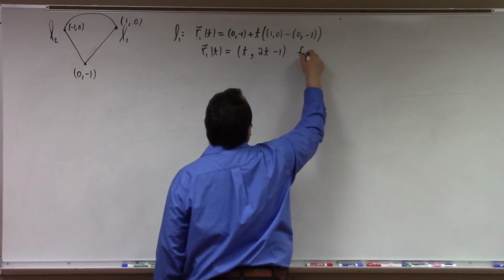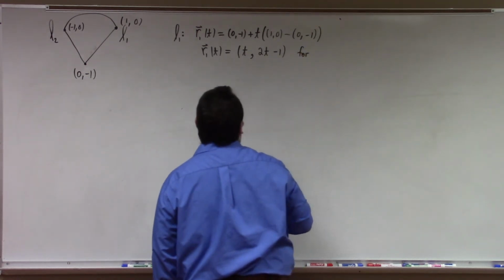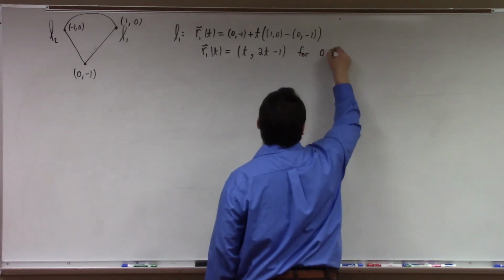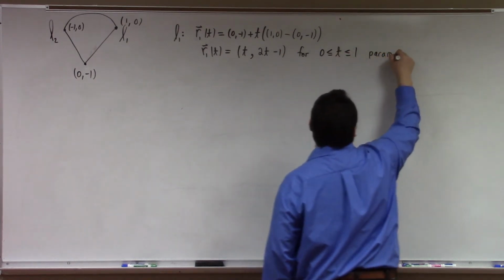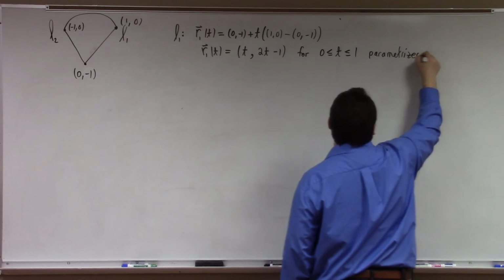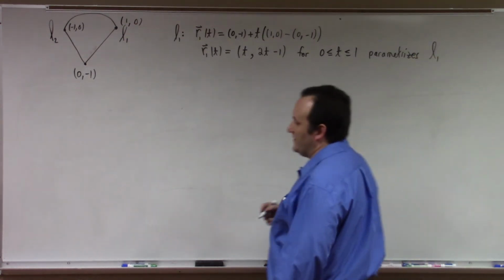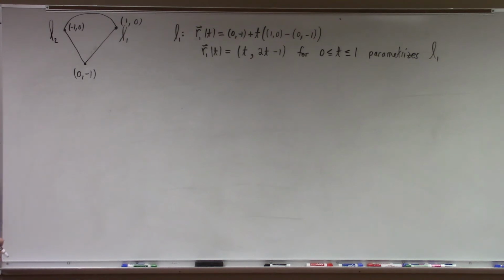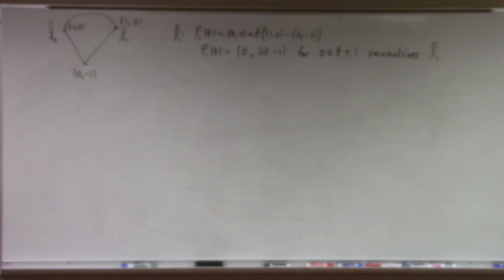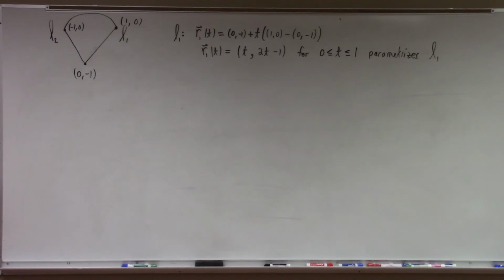For what range of t? Yeah. This parameterizes what? It parameterizes L1, does it not? Let me check. What happens when you plug in 0? 0, negative 1. What happens when we plug in 1? 1, 1.